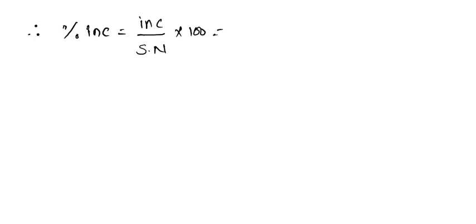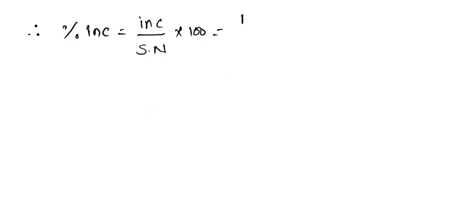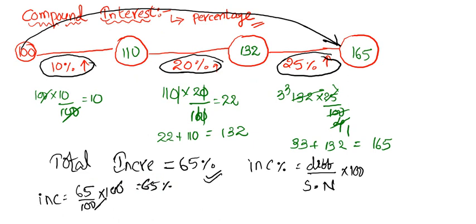The difference you are having here is 13, and the smaller number is 20, so that is 13 out of 20 into 100. 20 ones are 20, 5 twos are 10. So how much percent increment? 65%. The same logic you are getting here.